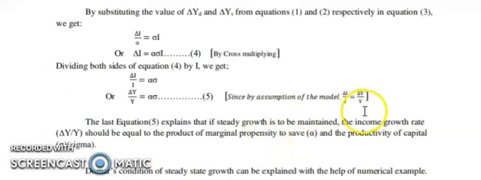Since by the assumption of the model delta I by I equals delta Y by Y, we substitute delta I by I as delta Y by Y, giving delta Y by Y equals alpha into sigma.